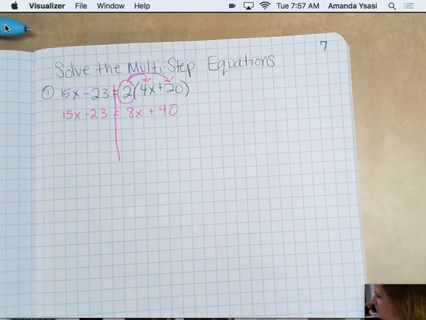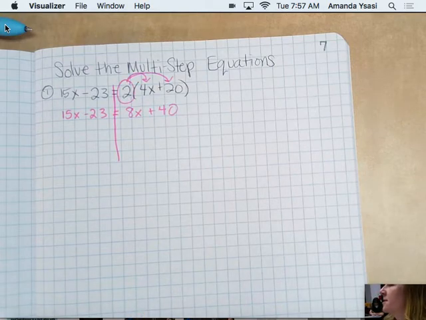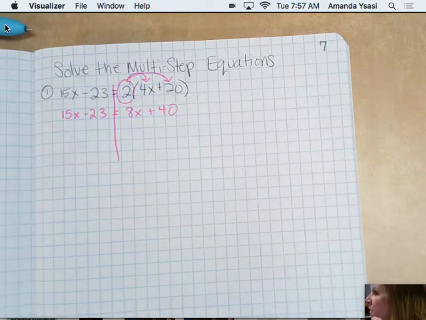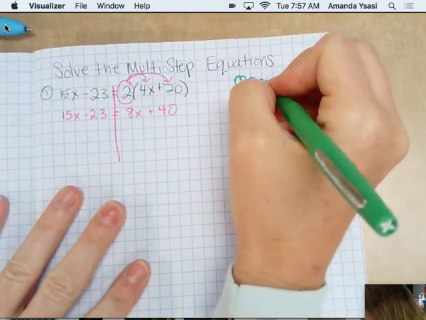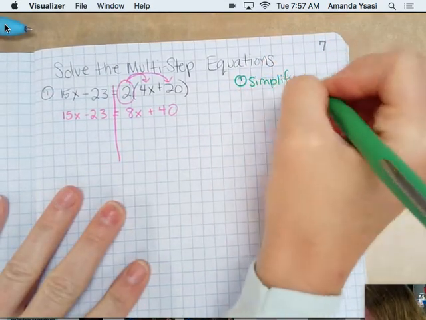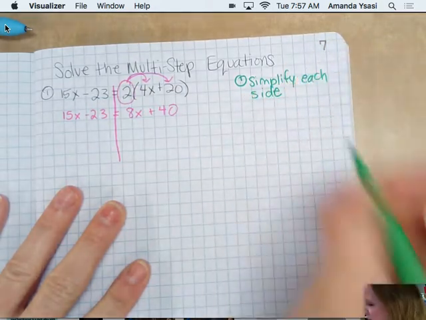So you don't start off by combining the x's? No, you do not start off by combining the x's because you've got to simplify first. So put over here, simplify each side separately.